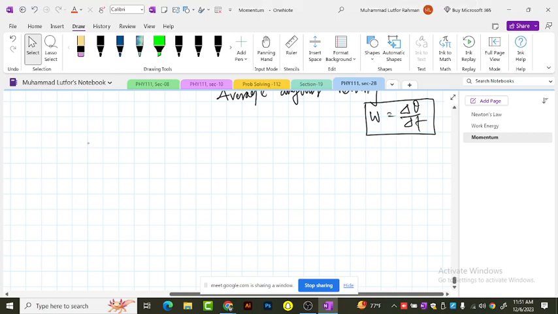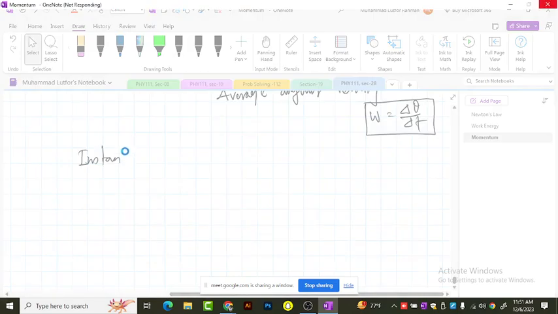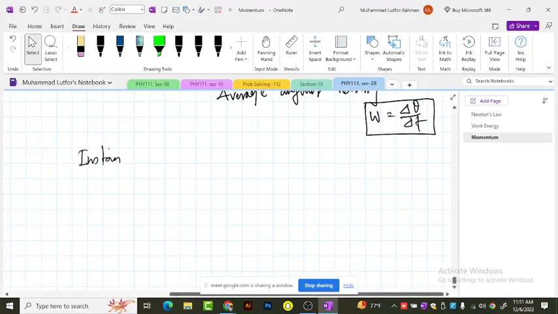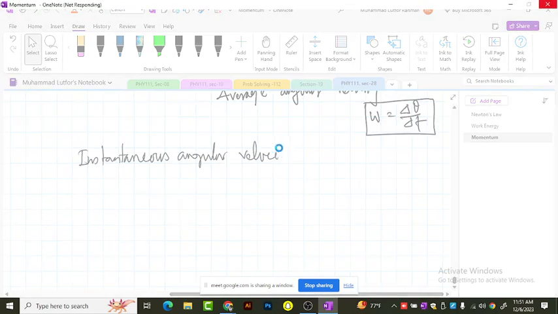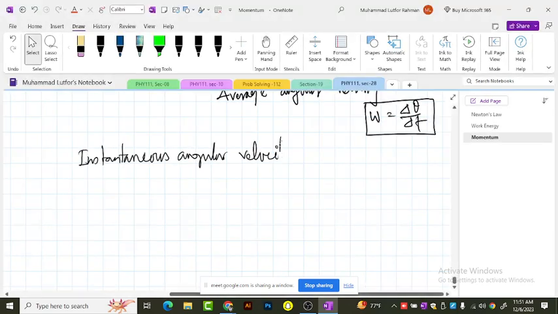We know that for instantaneous velocity you have to take the derivative. So omega is d theta divided by dt.